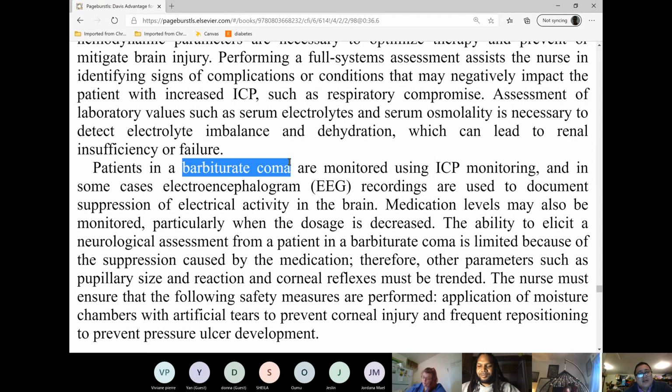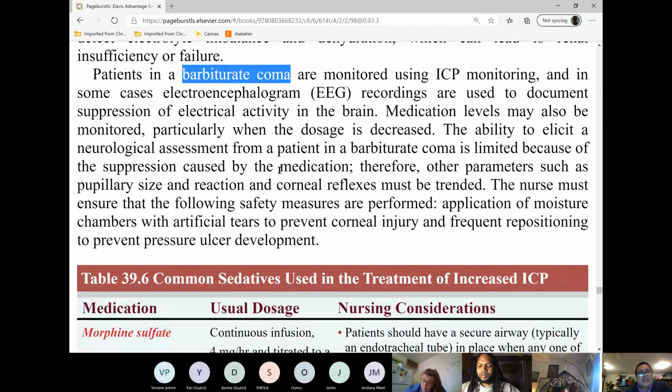Cool it down, don't make it work too hard. We're going to put the patient into a coma on purpose. It allows brain tissue to heal because it's not working as much. There's less electrical activity, less stress on the brain. It will heal.